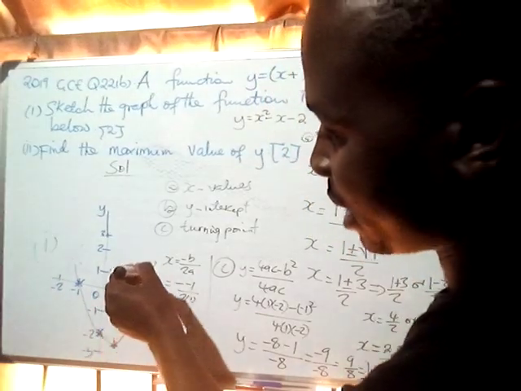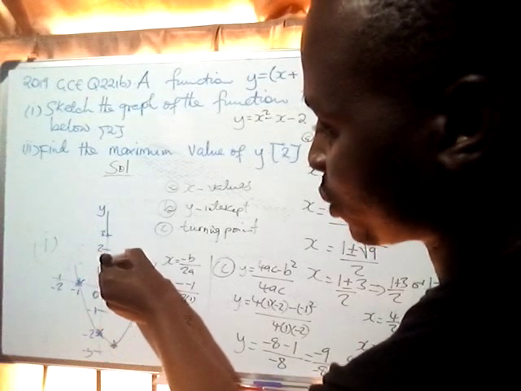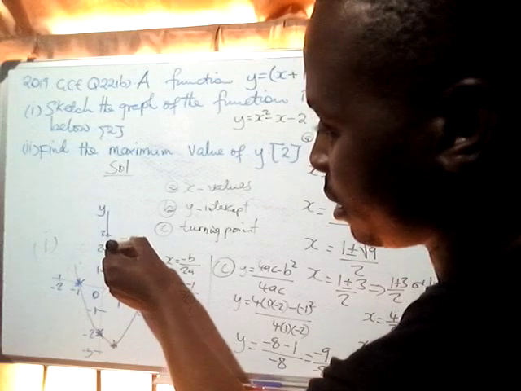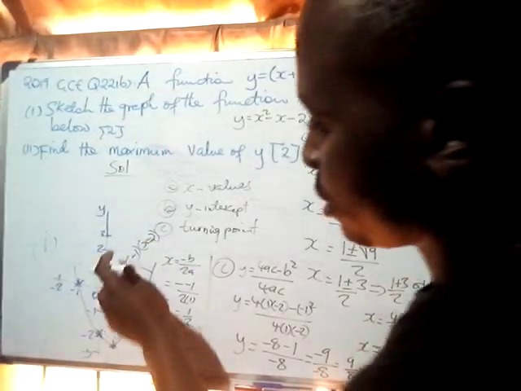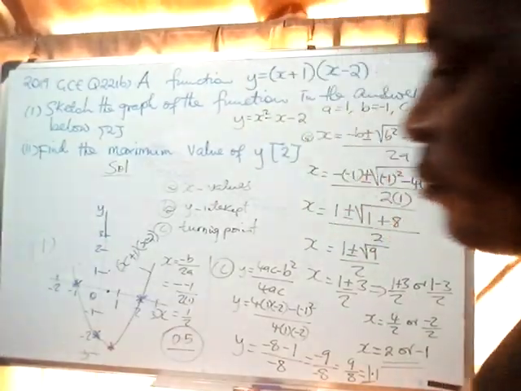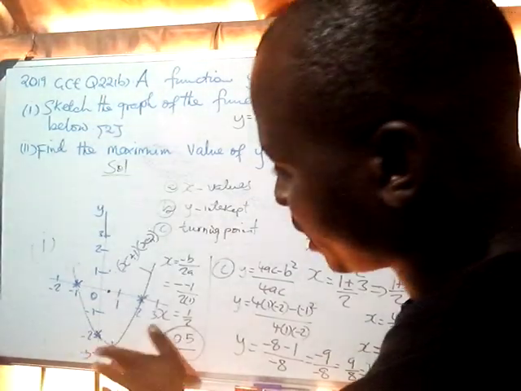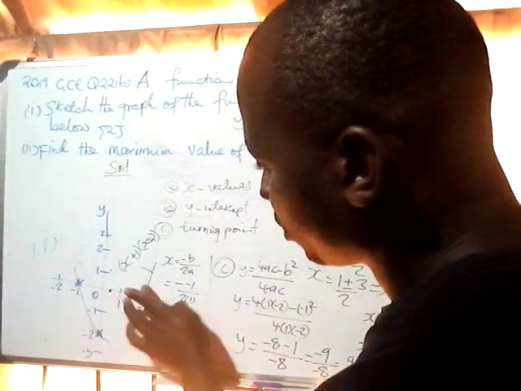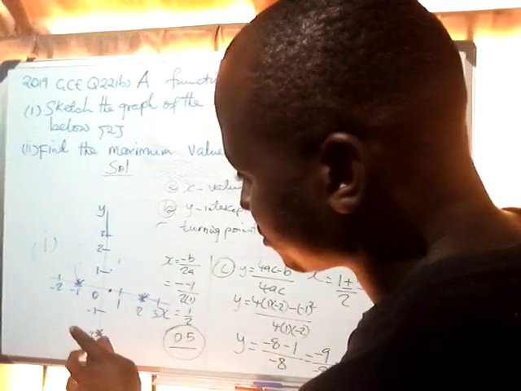This is the way it will be. x minus 1, then x minus 2, but not minus there. There we have a plus. This is how our graph will be. Now, what is the question? Actually, it is not even making sense. The question number 2 is finding the maximum.